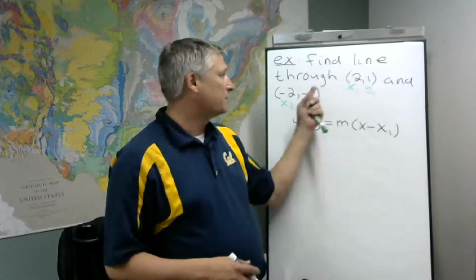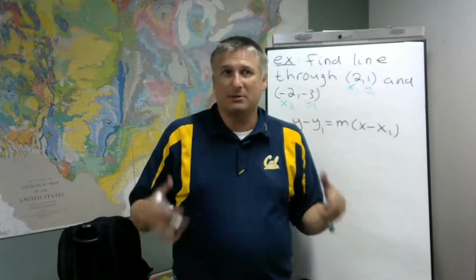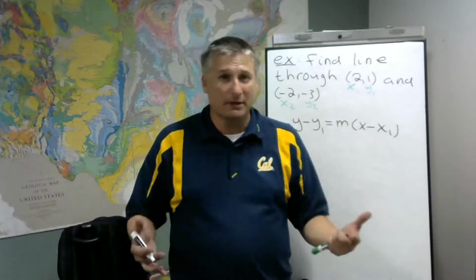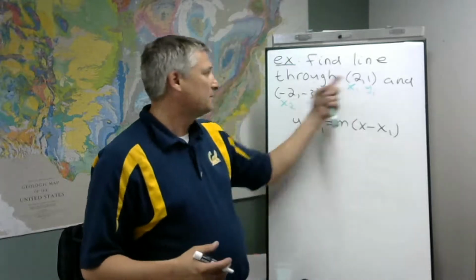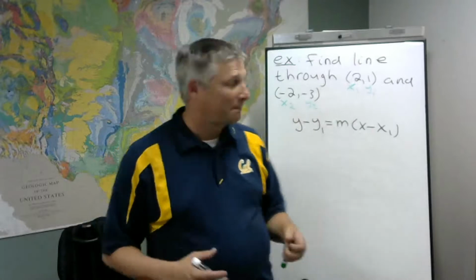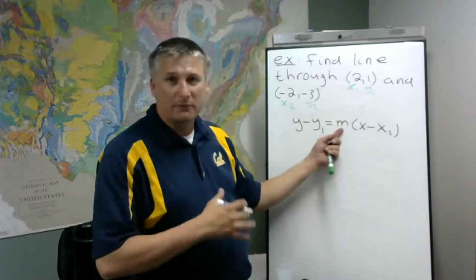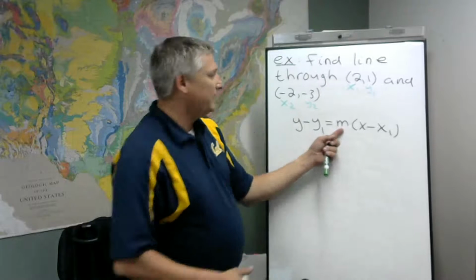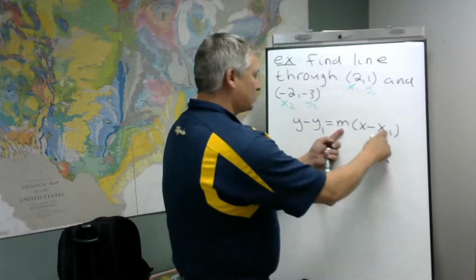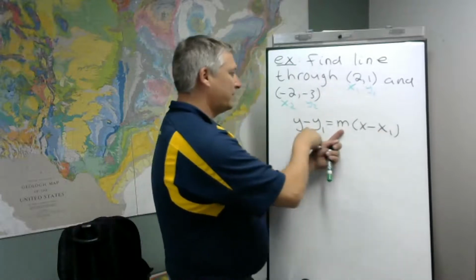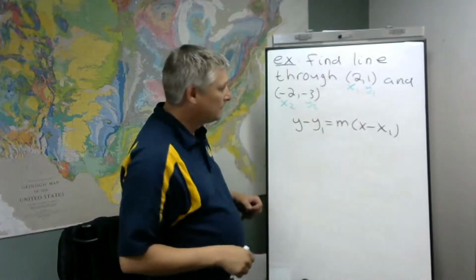I should say, if these were different points, the slope could have turned out to be 2, or the slope could have been -1/2. But in this case, the slope turned out to be 1. So this will be 1 for this problem, but it'll be 1 whether we use x1 and y1 or x2 and y2. It'll still be 1.